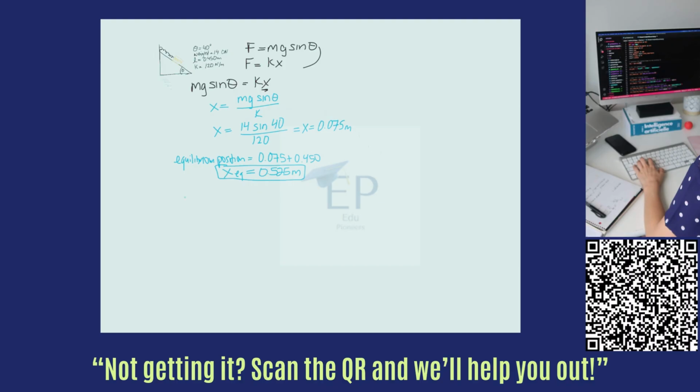We're going to use force equals mass times acceleration, and then we'll swap out acceleration for omega squared times x, and then we can exchange the term omega for 2 pi f, so force equals mass times (2 pi f) squared times x, and we'll make that equal to the force equals kx.